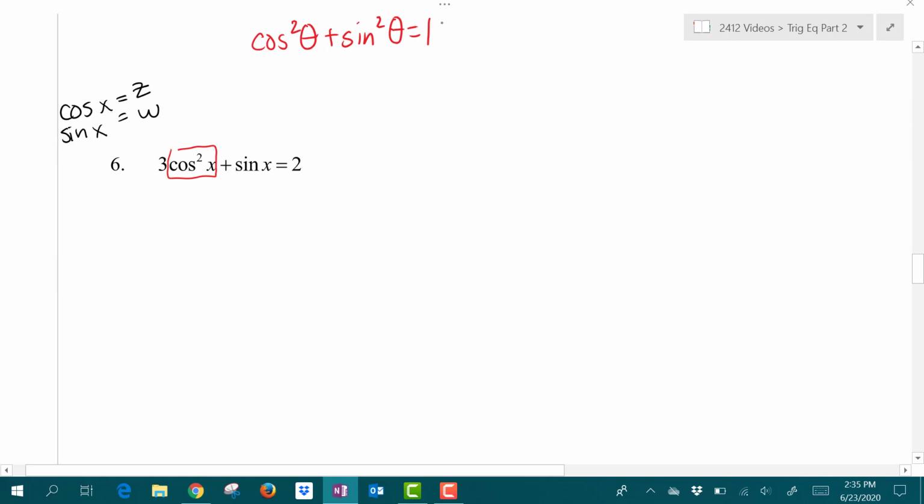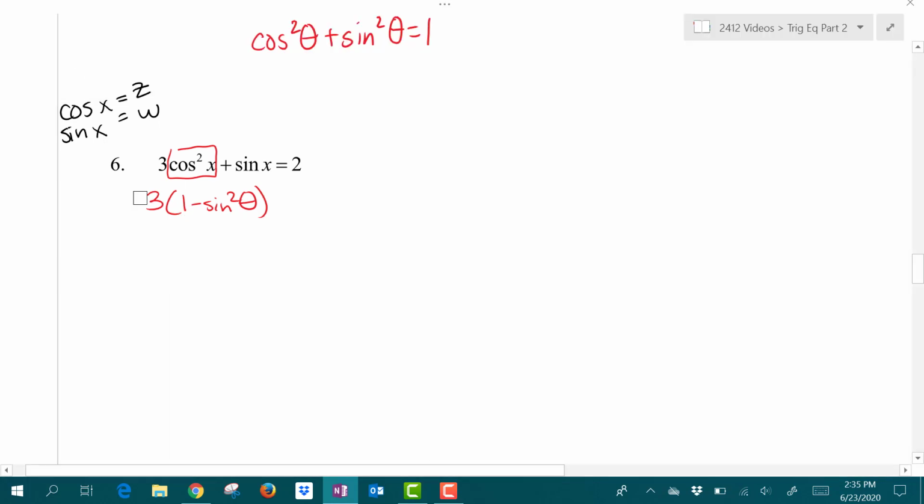Now keep in mind something, there's a big difference between theta and x used in the equation. So here's what I don't want to do. I don't want to replace cosine with 1 minus sine squared theta. The input angle that's used as the variable in the trig equation, I want to make sure that I keep that.